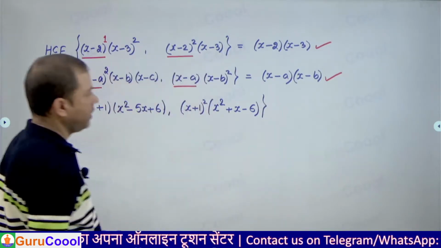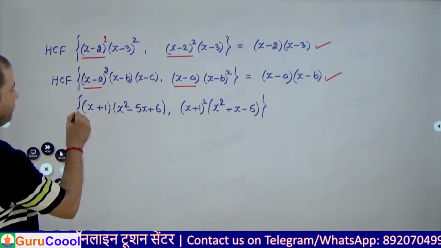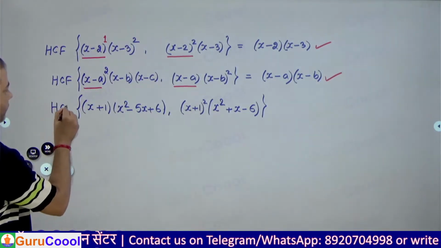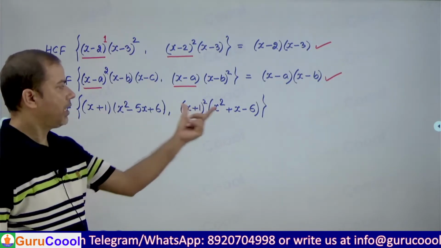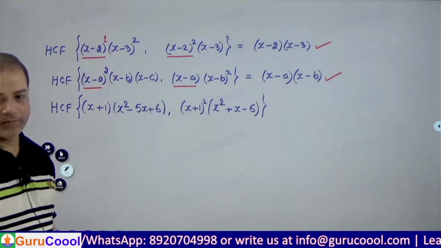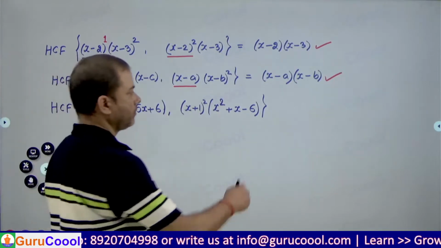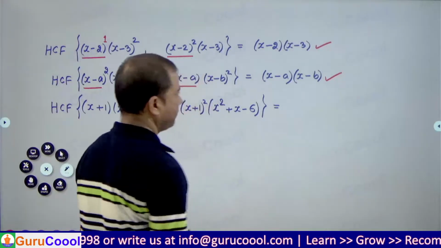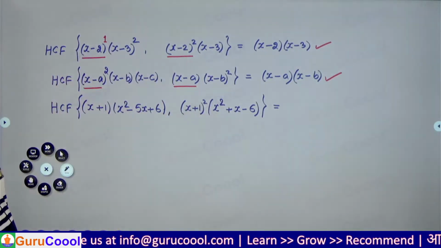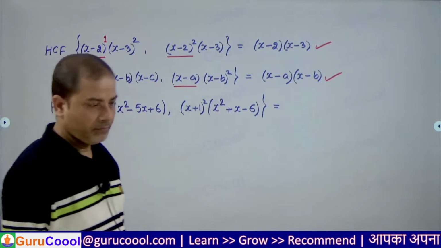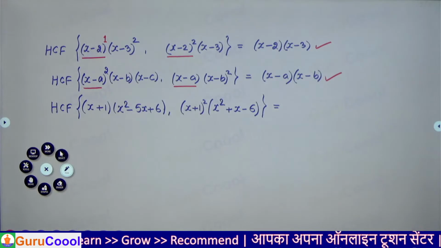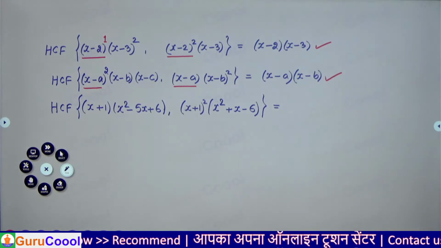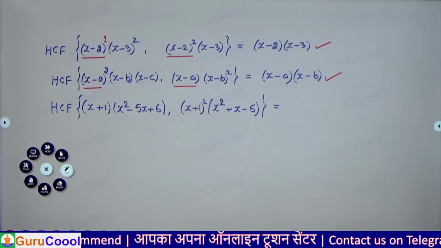Take HCF of these two. Try to find HCF of this and this. There are two expressions. Sir, bracket x plus 1.